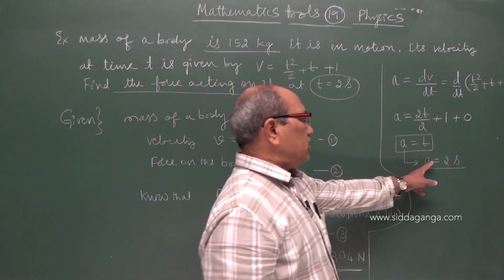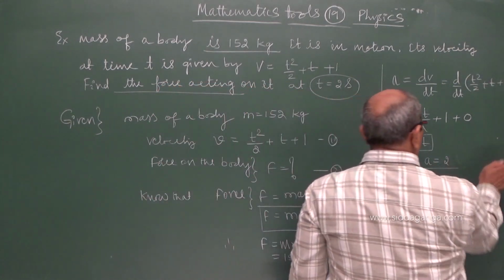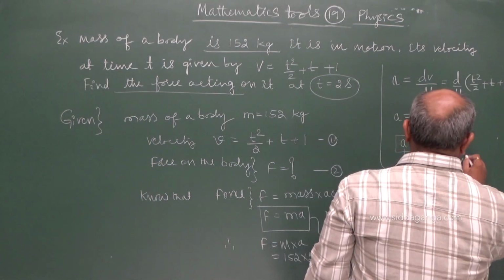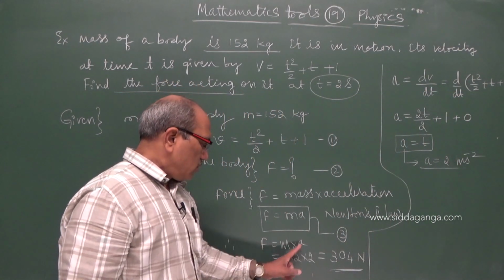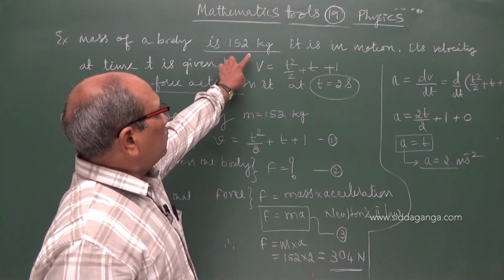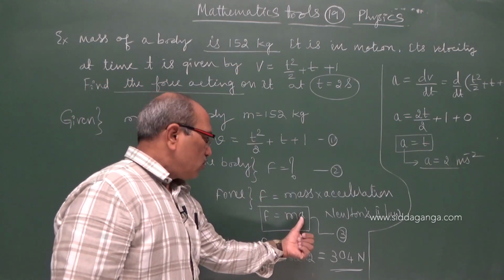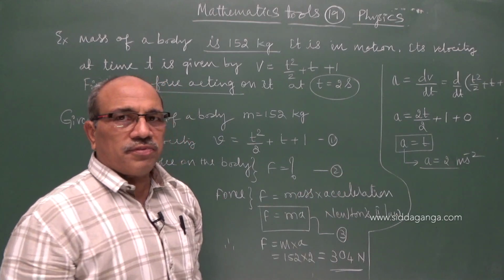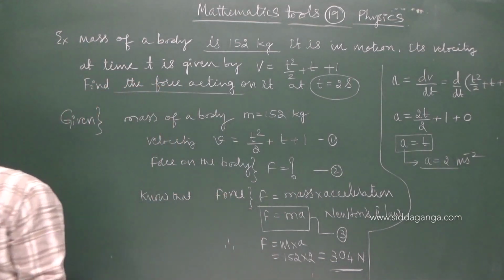You got the acceleration at t equal to 2 seconds as 2 meter per second square. So given mass and velocity, we use the derivative of the function to find A and got the force. I think you have followed.